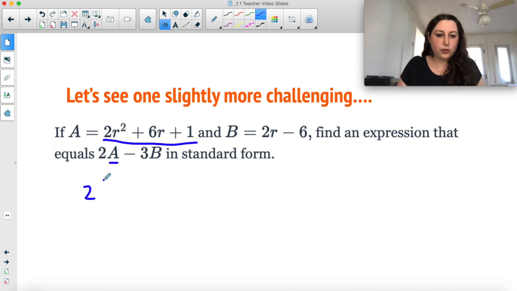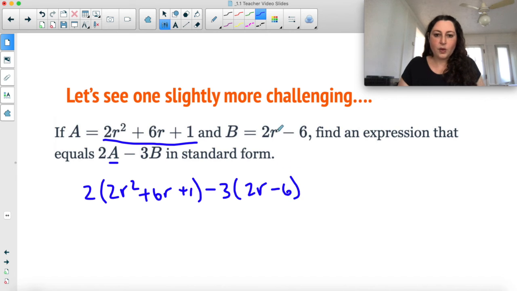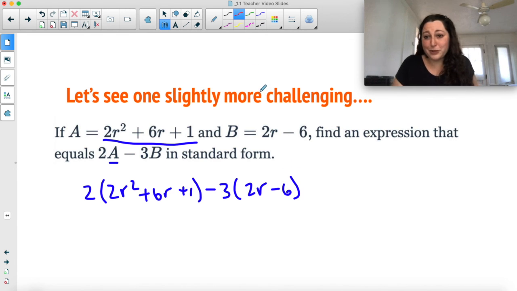So 2, and then instead of a, 2r squared plus 6r plus 1, minus 3, and then again, instead of b, we're going to plug in this whole expression for b, 2r minus 6.